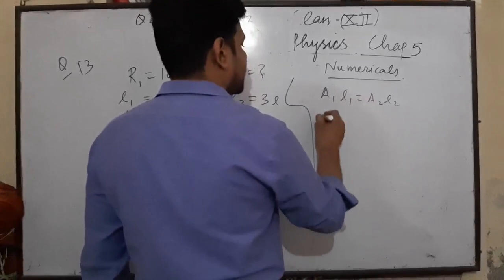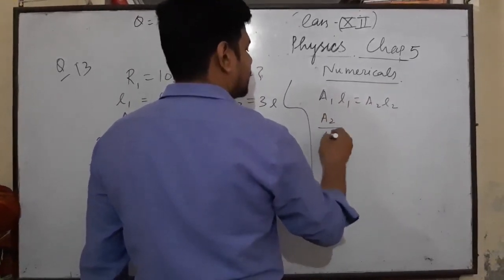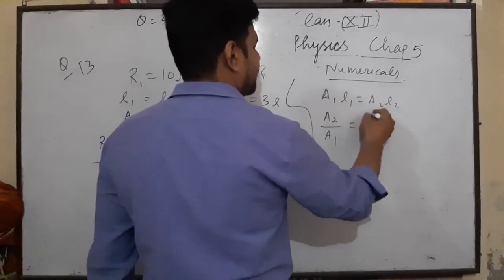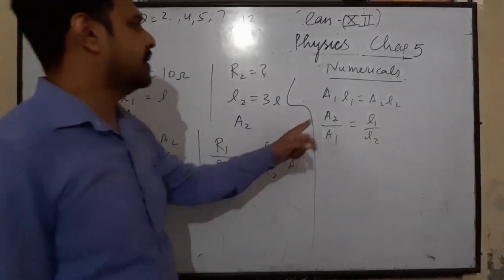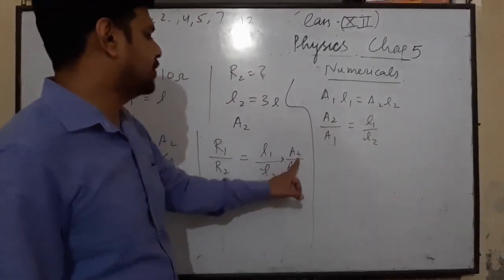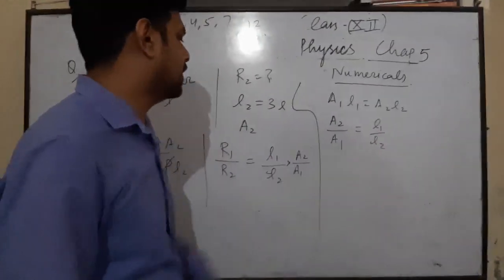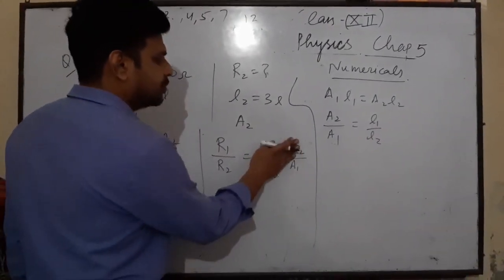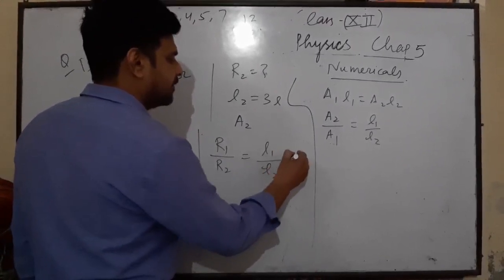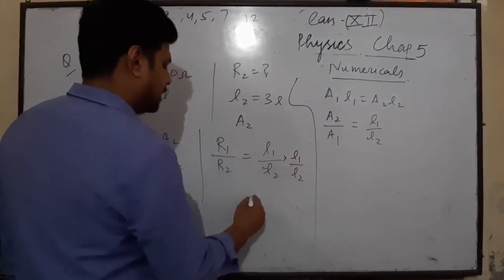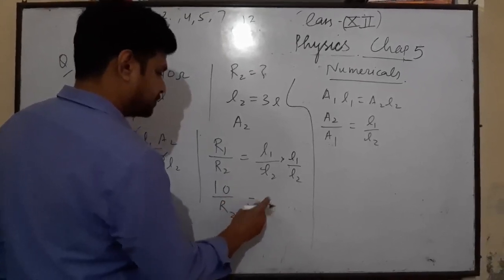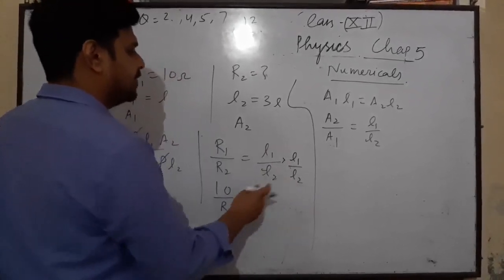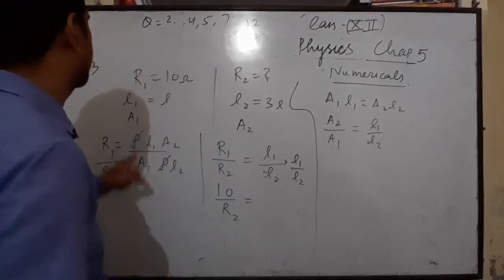It means we can find a relation between area and length. So in place of A2 over A1, we can put L1 over L2. So R1 is 10, we have to find R2, and this is L1 square over L2 square.